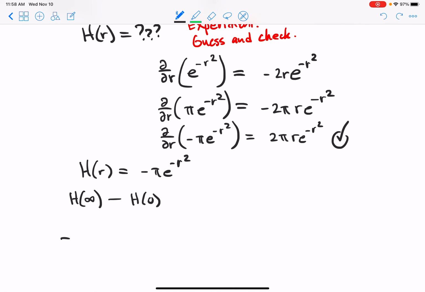So minus pi e to the minus infinity squared, and that's plugging in H of infinity, and then minus H of 0. So I plug in r equals 0, and I get minus pi e to the minus 0 squared, which is e to the 0, which is 1, and so I just get a minus pi here. Minus minus pi is a plus pi.